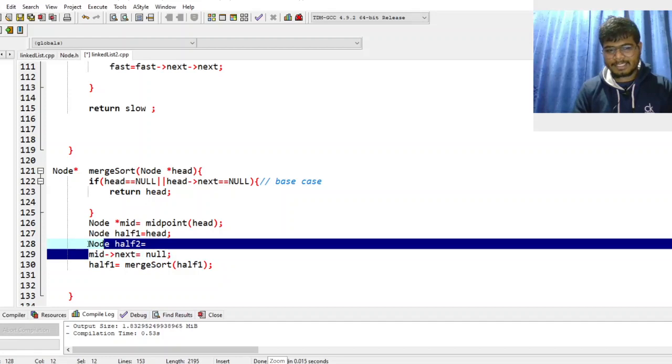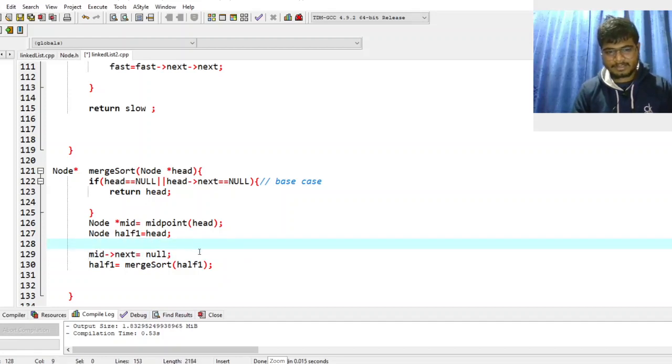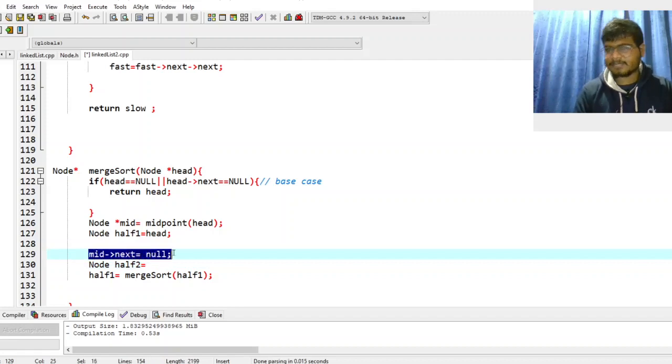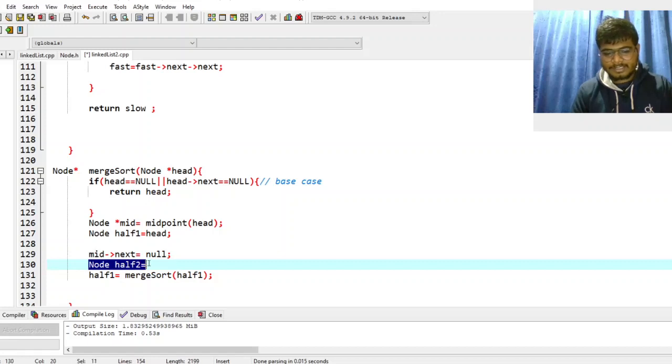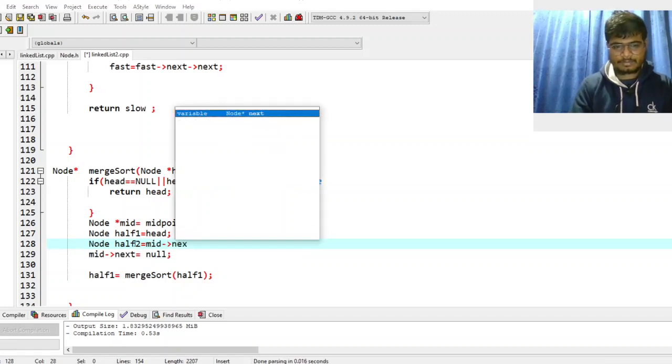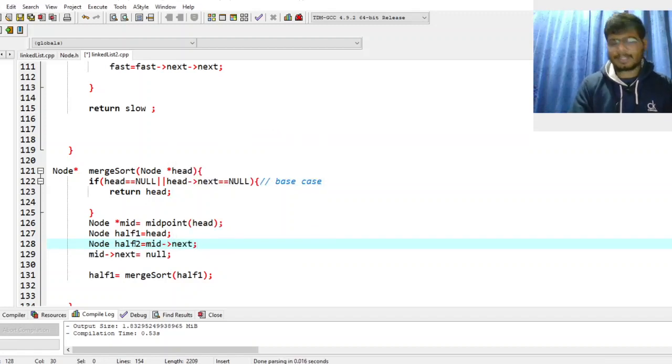So if I write it like this and just initialize mid's next as null, that part of the linked list is vanished because the address is not stored there. So before actually making mid's next null, I'll have to store its value inside this half 2. I hope you're understanding this line.